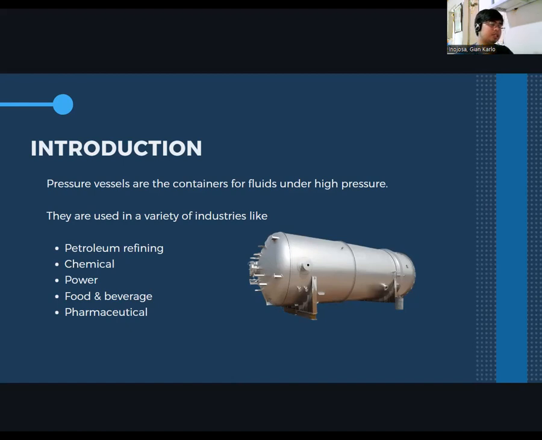In the power industry, pressure vessels are widely used in various power generation facilities such as nuclear power plants, hydroelectric power plants, and thermal power plants. Then for the food and beverage industry, our pressure vessel helps the industry process food in a faster way so more food can be produced.